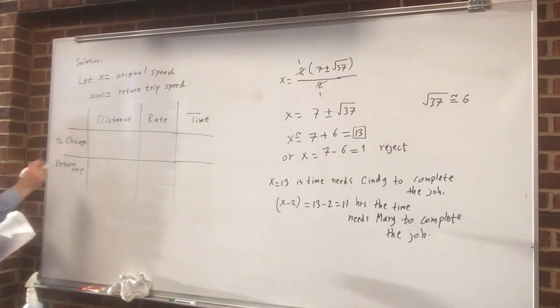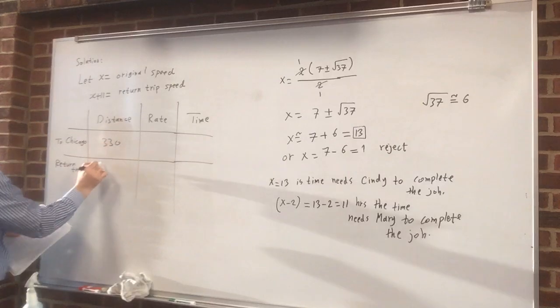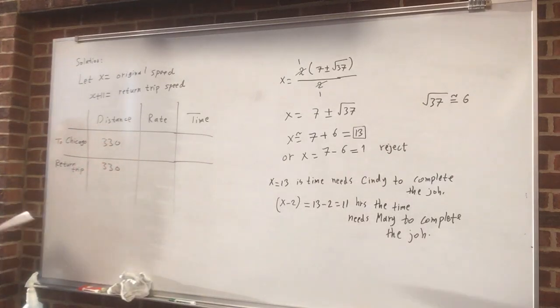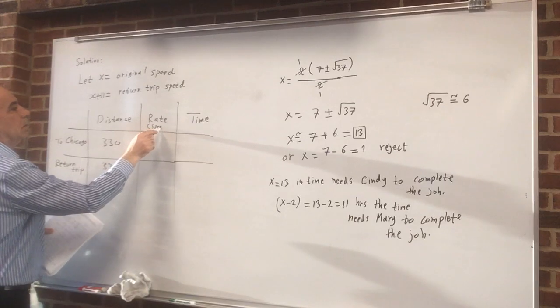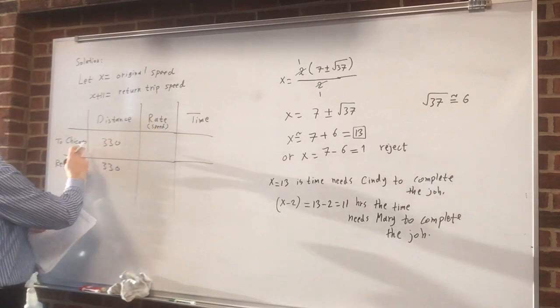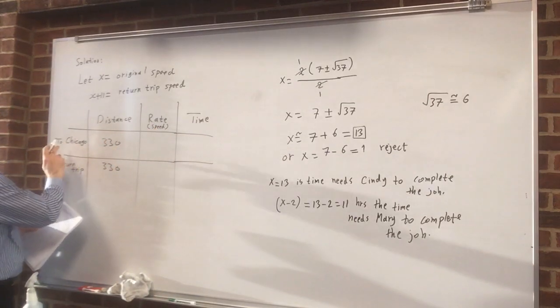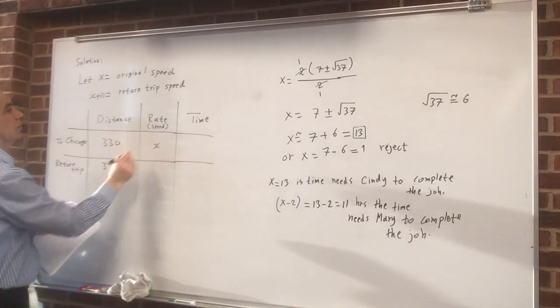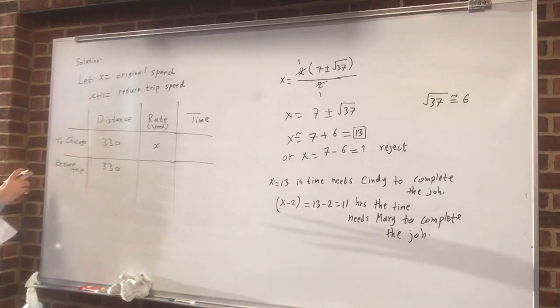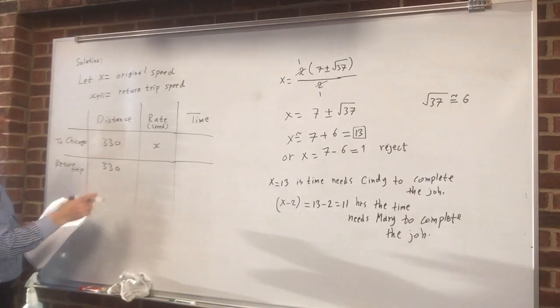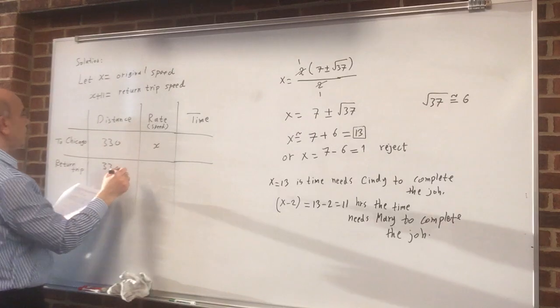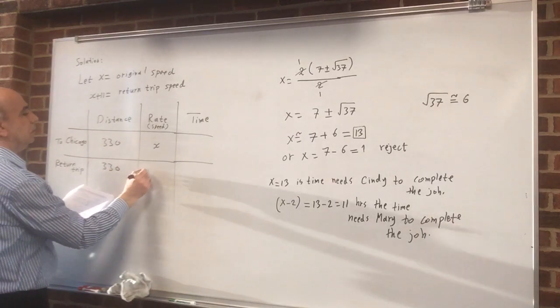The distance is 330 from her hometown to Chicago. The rate or the speed for this trip is x, while during the return trip it is 11 miles faster than going to Chicago, so x plus 11.